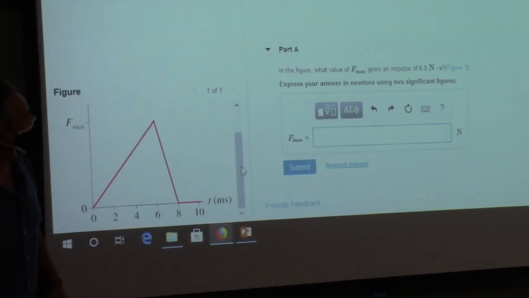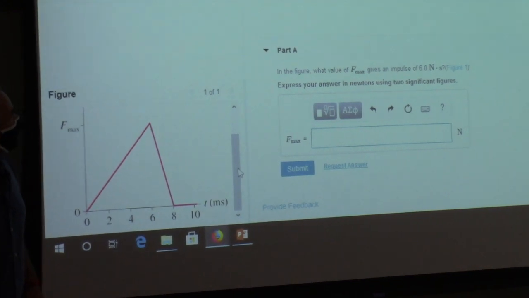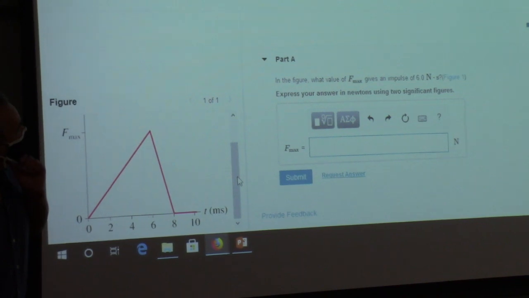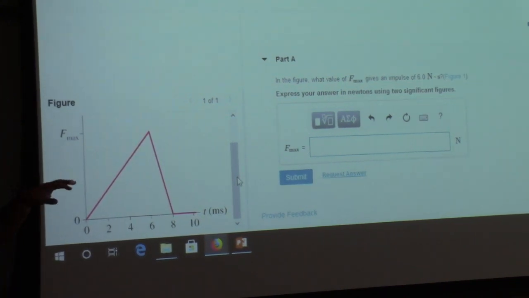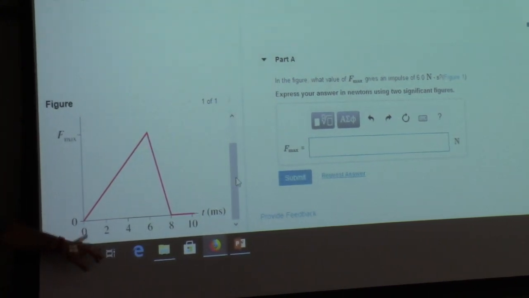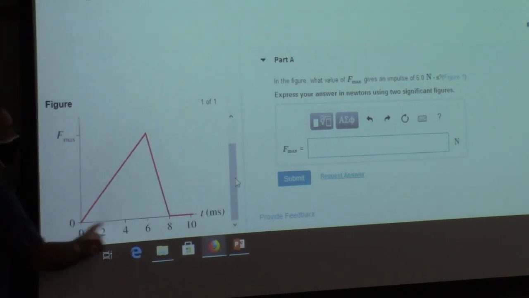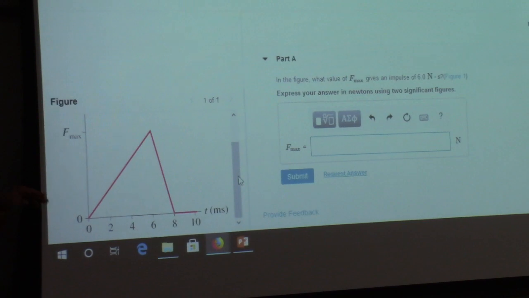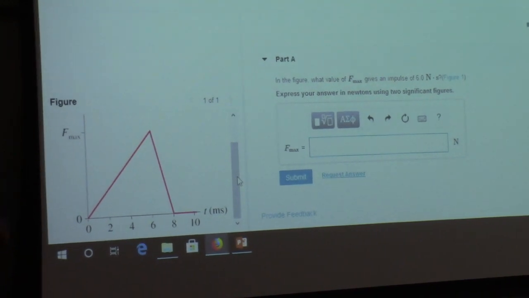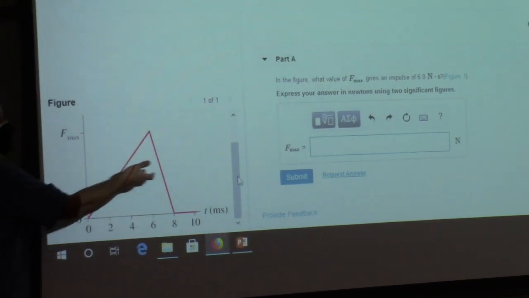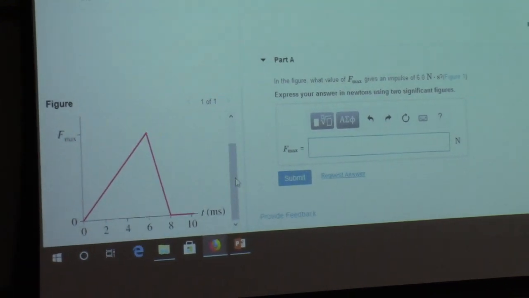In the figure, what value of F max gives an impulse of 6 newton seconds? When you have a force versus time graph, the impulse is the area under the curve. You're right, impulse is force times time if it's the average force. But this is just the maximum force, so that's not the average amount. That's the trick with this one.